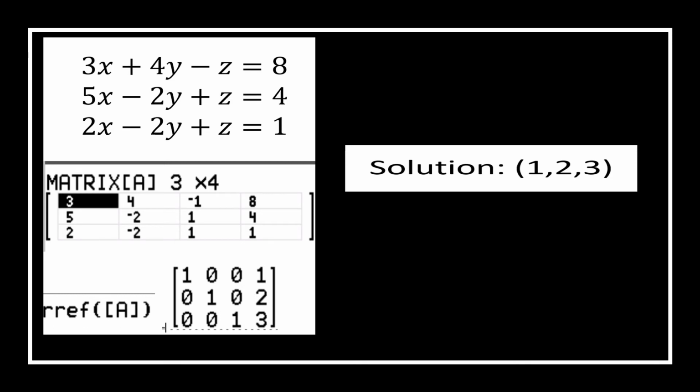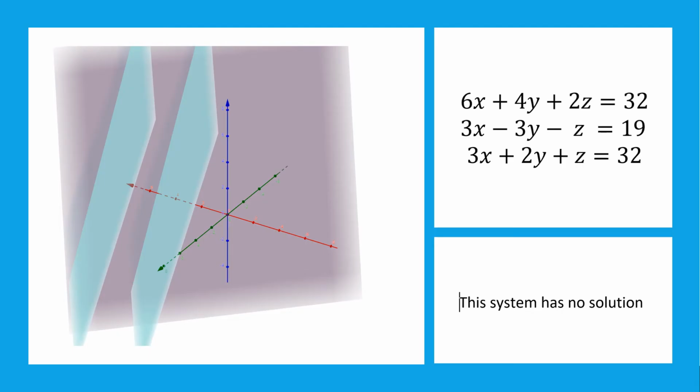So this is an easy method of solving any system of equations. Even if I have a system with more than 3 variables, this calculator method, the reduced row echelon form rref method, will be very helpful. In our second example, we have another system, and if we are trying to find the solution for this, again we are graphing it.